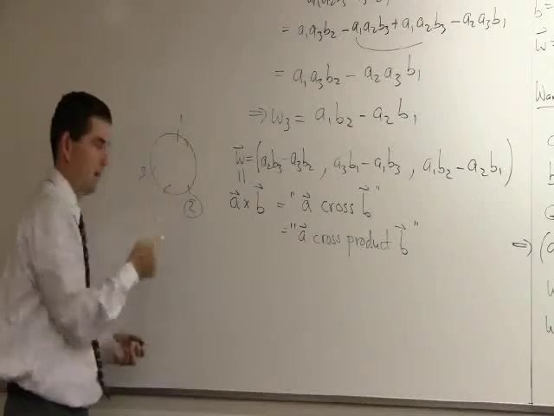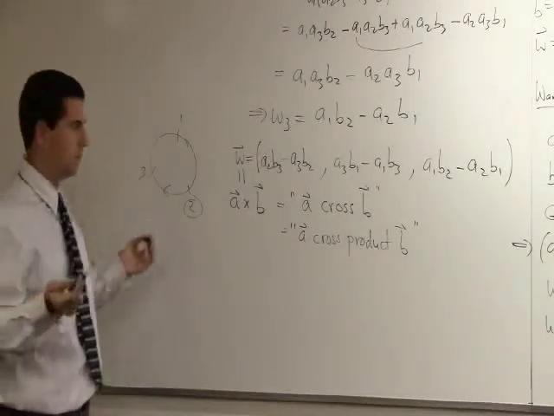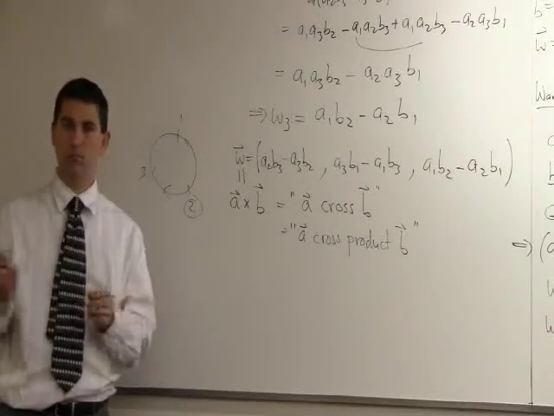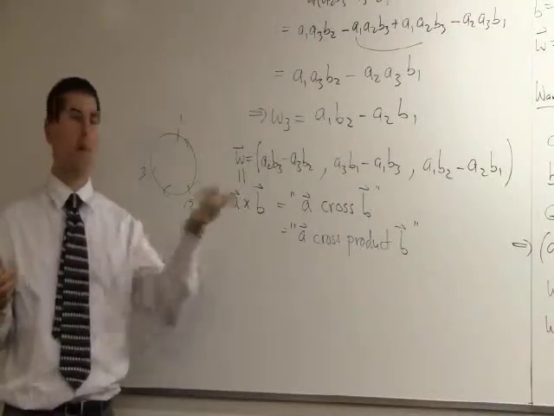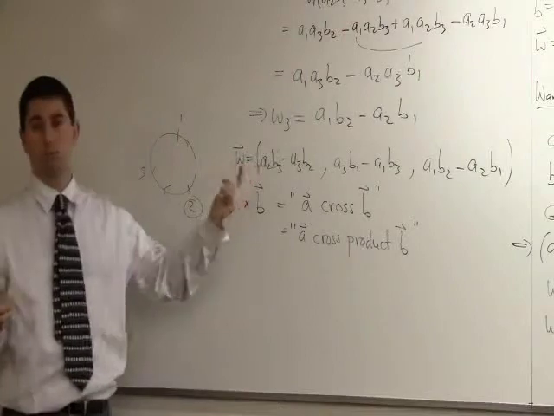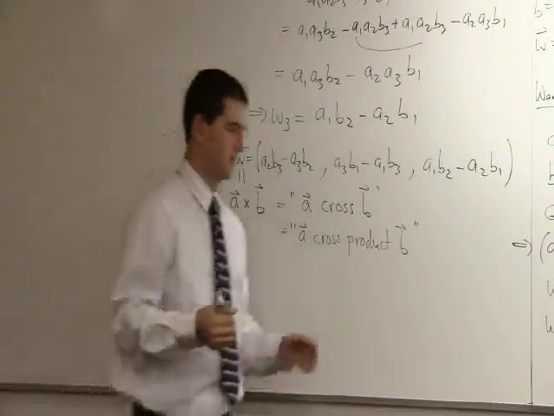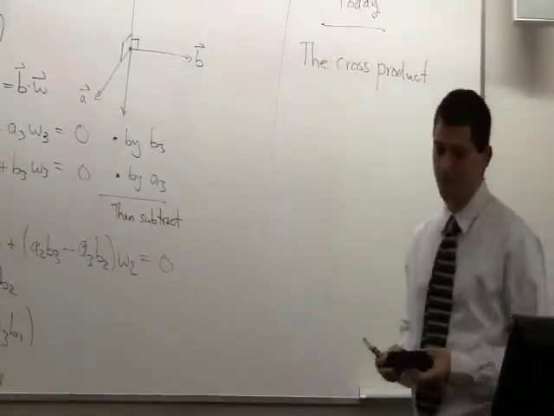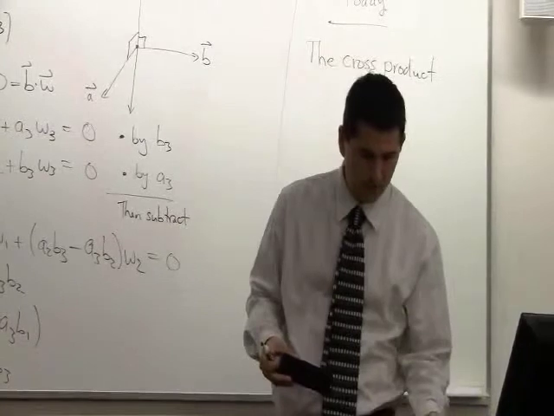And I have to go around this way around the circle. Later we're going to show another way to remember it, that doesn't require you to actually have to memorize this. Although it's not horrible to memorize that. You can break it down a little bit. Okay. So this is the cross product.